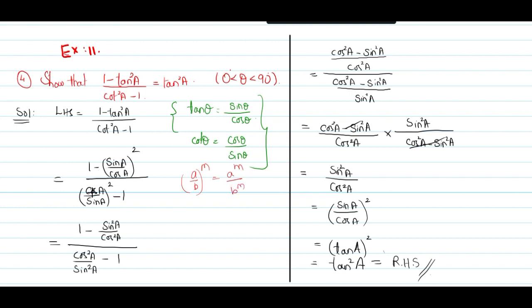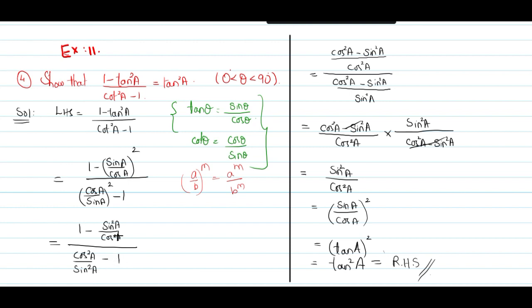So we can apply it separately. 1 minus sin square a by cos square a. What did we do here? Applied the square both to the numerator as well as the denominator. Then coming to the denominator, cos square a by sin square a minus 1.